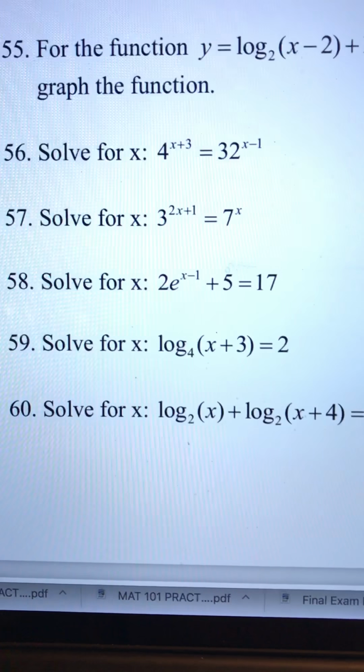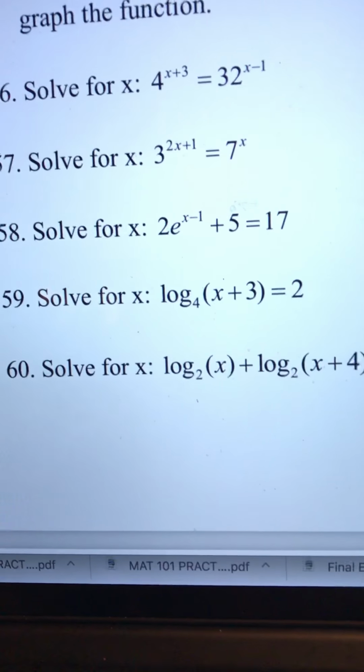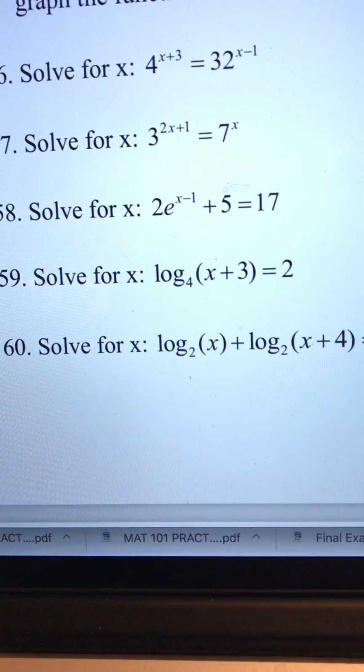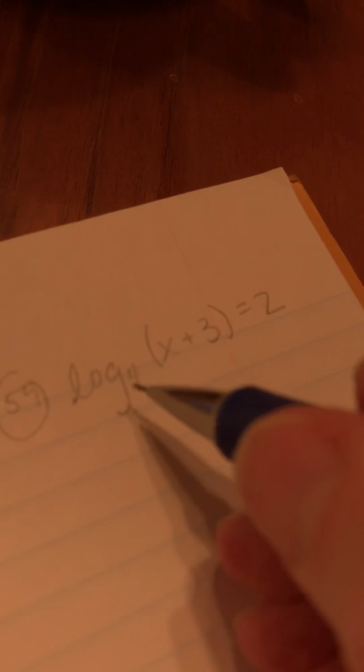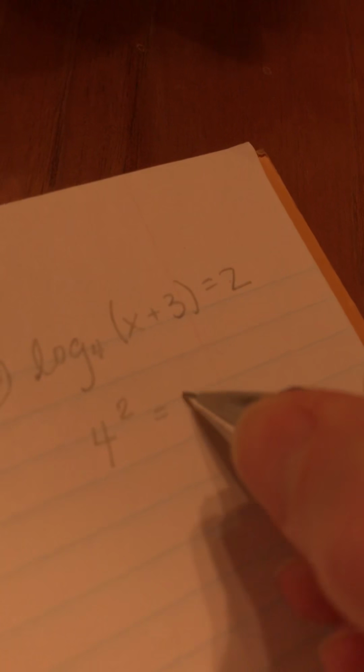All right, for a logarithmic equation, we want to undo the logarithm, but you want to make sure that the logarithm is by itself, which it is in number 59. Log base 4 of x plus 3 equals 2. So we can go straight to undoing it, and there's 2 ways you can think of it. Either as rewriting: the base is 4, the power is 2, and that's equal to x plus 3.